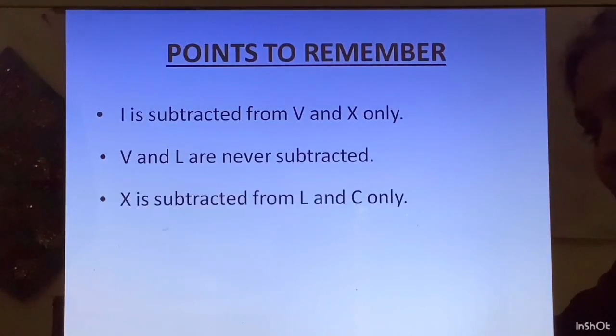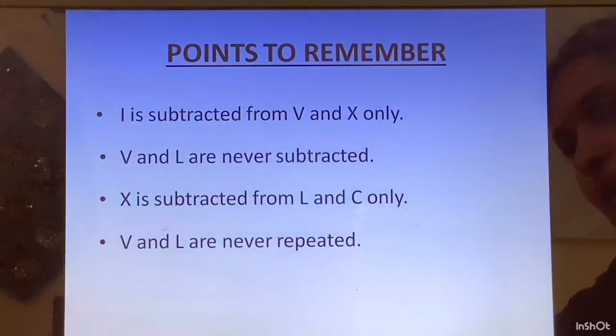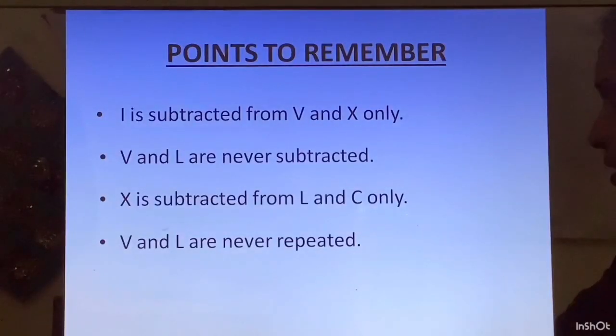X is subtracted from L and C only. Next point, V and L are never repeated. Now these points you have to learn them, and they are important for your understanding of the concept of Roman numbers. You could be asked, fill in the blanks from these statements.